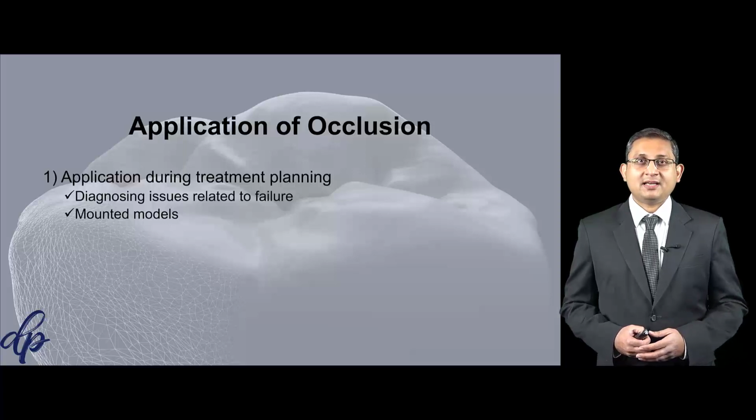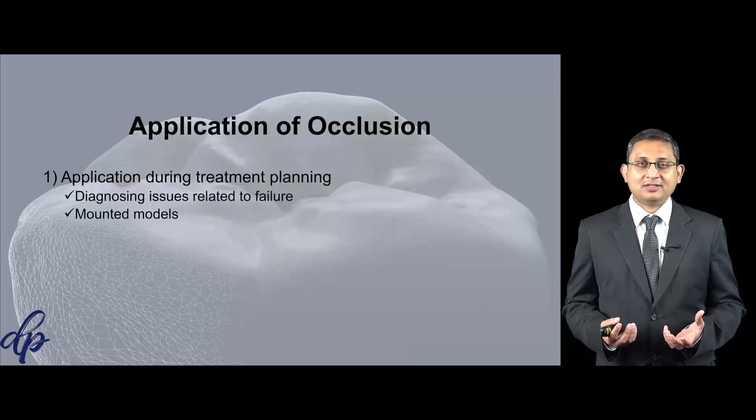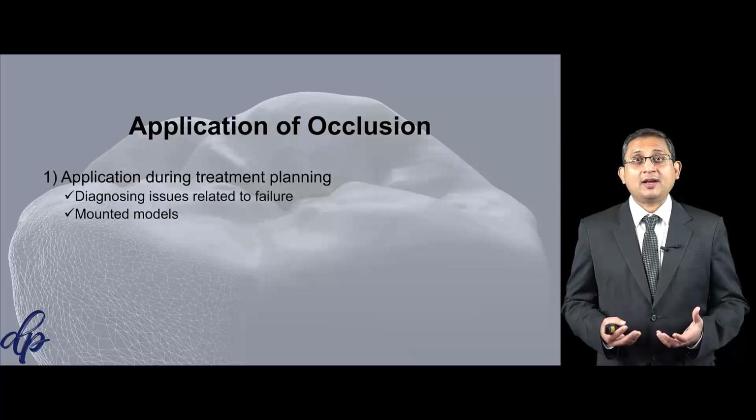And I've seen many times where colleagues ask for a wax up of the case and they receive two mounted models with the wax up but no articulator. Now without the articulator you cannot assess mounted models, and unfortunately most of the articulators are not calibrated.